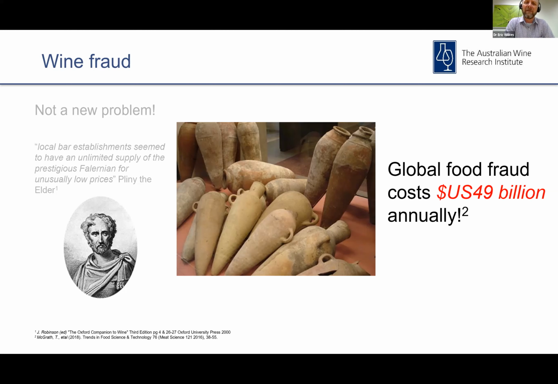It's very hard to get figures on how much wine is actually fraudulently made or presented, but the estimates on the overall food fraud are in the range of $50 billion. And there are figures quoted saying in some areas 5% of wine being sold in the marketplace may be fraudulent. So it is a big problem. It's an issue that we need to address.